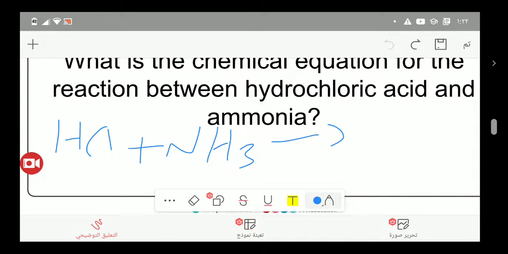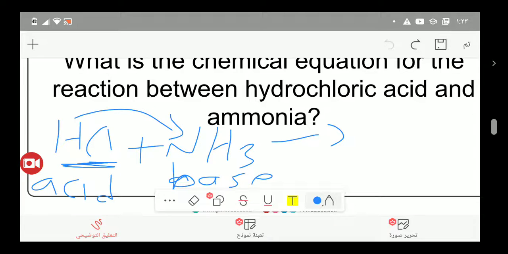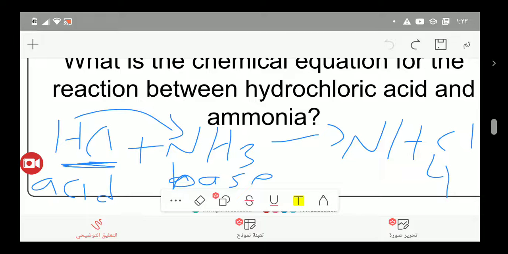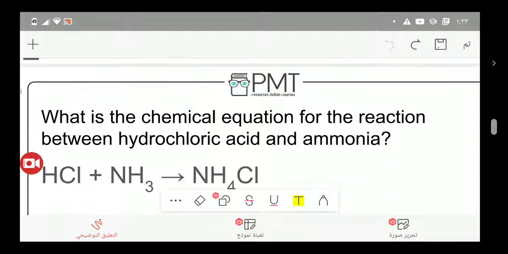As I said, here is the acid, and here ammonia is the base. As we said, a base accepts a proton, so NH3 will become NH4, giving NH4Cl. This is an easy equation.